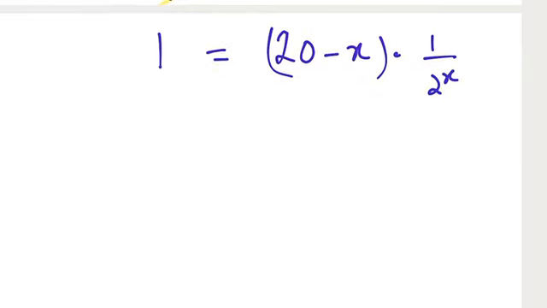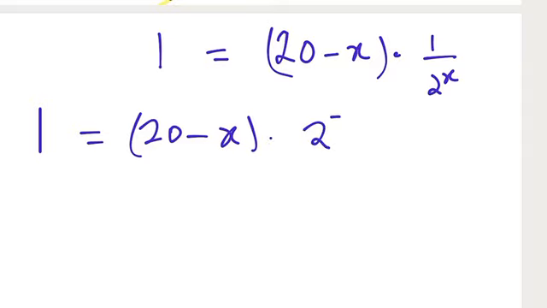Alright, so from there, I'm going to have 1 equals 20 minus x, then multiply by 2 to the power of minus x, because from the law of indices, when you have something like 1 over a, this is going to give us a to the power of minus 1. Alright, so that's the idea I use.